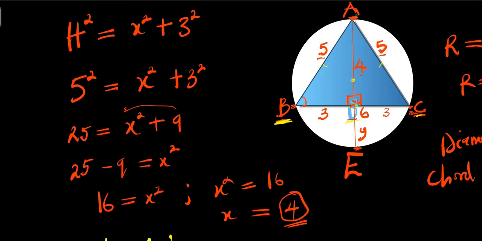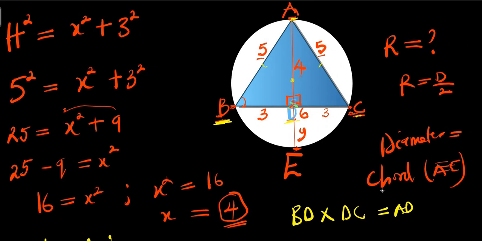this segment of the other chord, AE, which is AD times DE. Meaning segment BD times segment DC, of this particular chord BC, equals segment AD times line segment DE, from this particular chord, which is also a diameter AE.